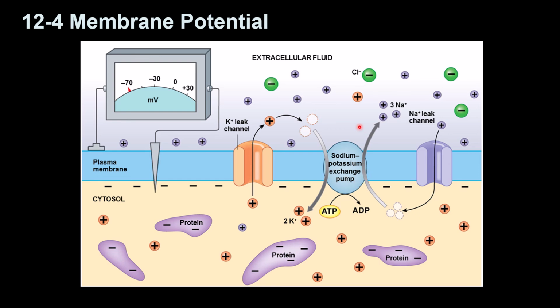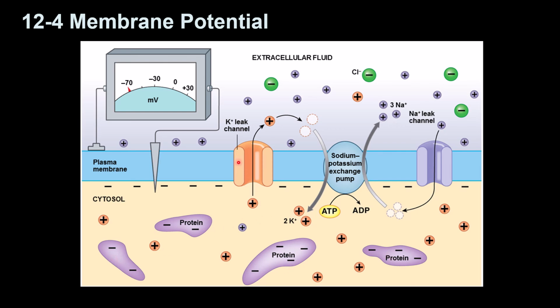What happens here is that outside you have a lot of sodium ions, which are positively charged, and a lot of chloride, which is negatively charged. Inside the cell, you have a lot of potassium ions, which are positively charged, and a lot of proteins that are negatively charged.